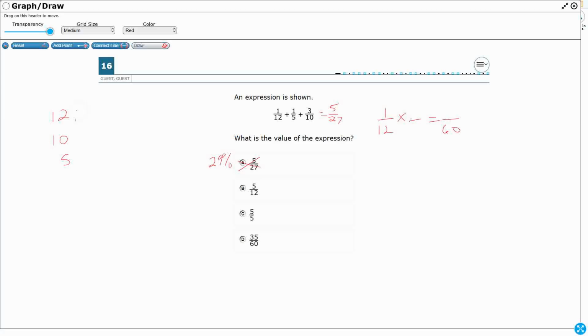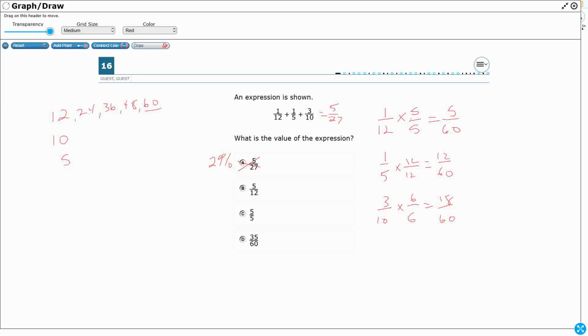So try to figure out what my least common multiple is going to be. Once I see 60, I know 10 and 5 go into 60. So that's going to be 5 over 5, because you multiply by the same numerator and denominator, so 1/12 equals 5/60. We're going to multiply this by 12s to get to 12/60, and then 3/10. Multiply by 6 to get to 18/60.